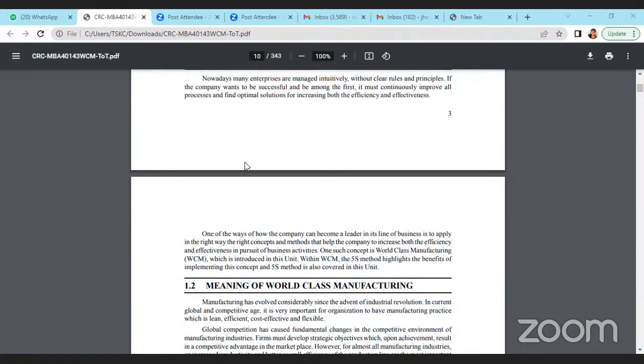Nowadays there are various enterprises managed without clear rules and principles. If a company wants to be successful and be the topmost, it has to improve continuously. Without improvement, there is no result.